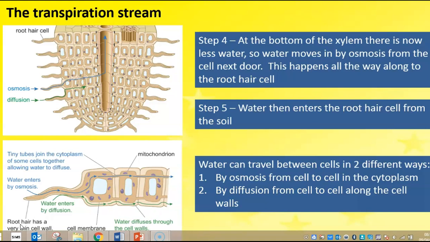If you have a drop of water on paper, quickly you can see it spread through the paper, and it just spreads by diffusion. And so water can enter the root hair cell just along those cell walls by diffusion, or it can move into the cytoplasm of the cell by osmosis.